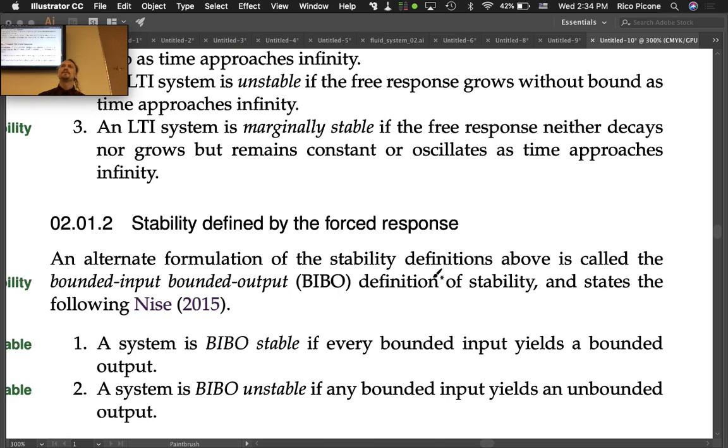Yeah, question? Does that mean clocks are marginally stable? So a pendulum, if you have a pendulum that has zero losses, then it would be marginally stable. A pendulum typically has some loss. It's just super tiny, so it'll go back and forth for a very long time without losing its energy. Especially if they're really tall, they'll go back and forth for a really long time. But there's a little bit of air resistance when it goes back and forth, and so it loses a little bit each swing.